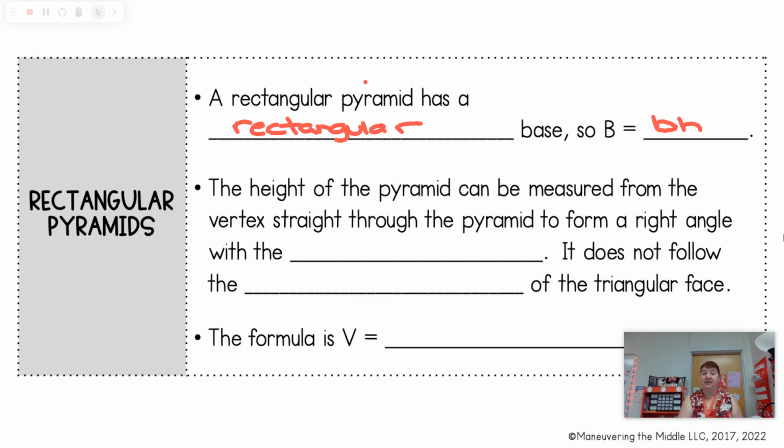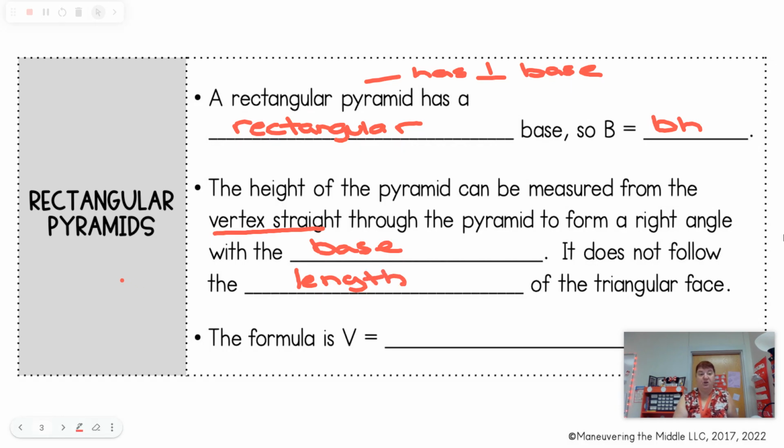Now remember, a pyramid has one base, just one. The height of the pyramid can be measured from the vertex straight down. So it's almost like you drop a piece of rope straight down from the point, and that's going to be your vertex, okay? And it forms a right angle with the base. It does not follow the length.